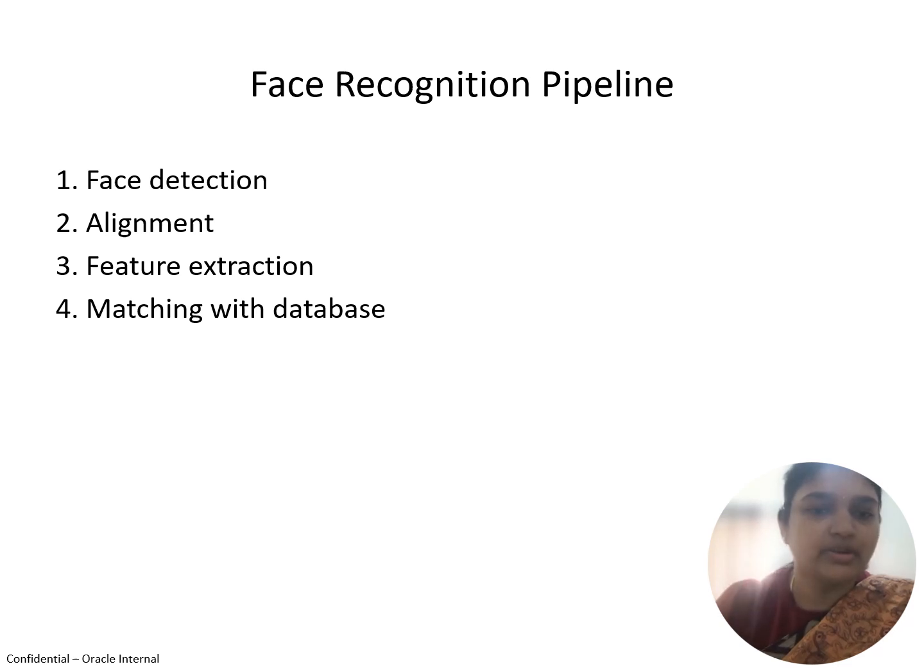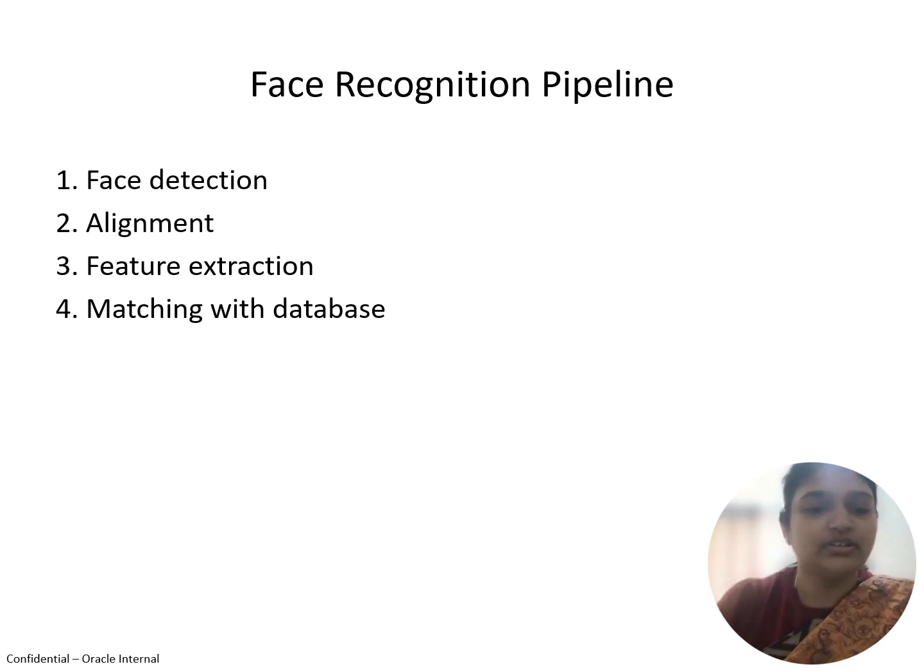Face recognition pipeline. These are the steps followed to recognize the face. First one is face detection, then alignment, then feature extraction, and matching with the database. First it takes one face and aligns it to some order and some gradient properties, and next comes feature extraction.